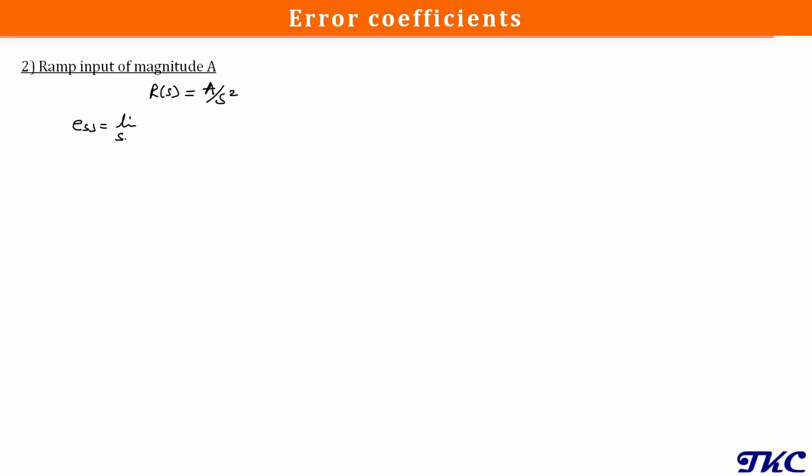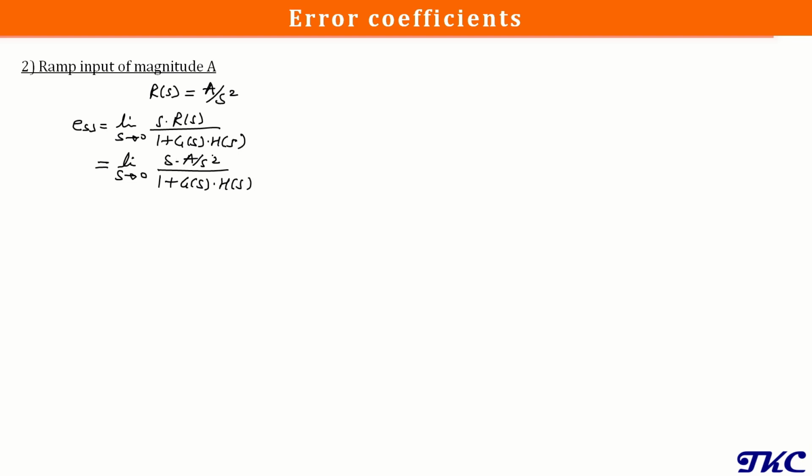So here the ramp input will be R of s is equal to A by s square. And again, let's write the expression for steady state error. It is limit s tends to 0 s into R of s divided by 1 plus G of s into H of s. Now let's substitute the input value here. So it is limit s tends to 0 s into A by s square upon 1 plus G of s into H of s.